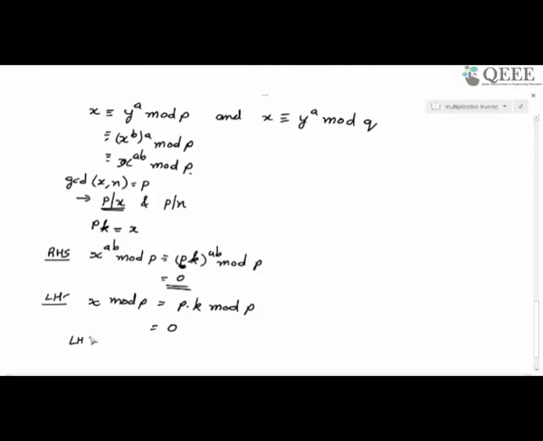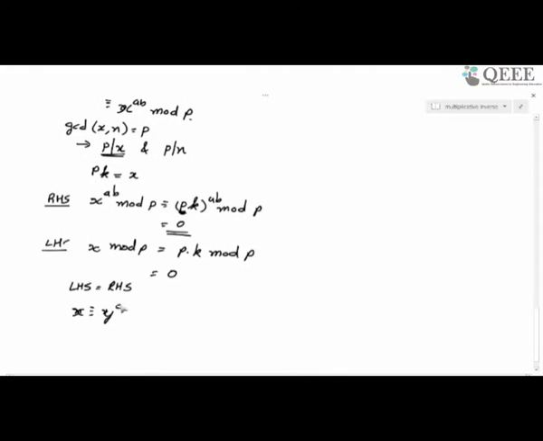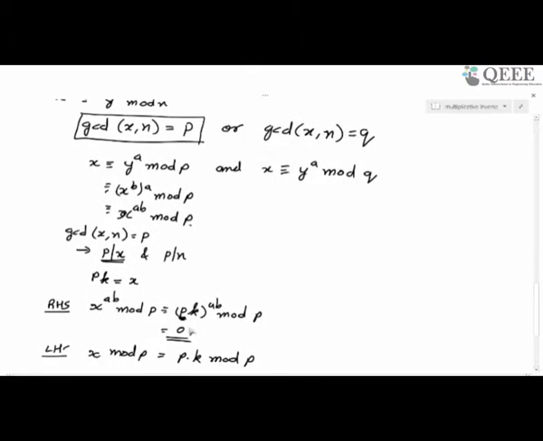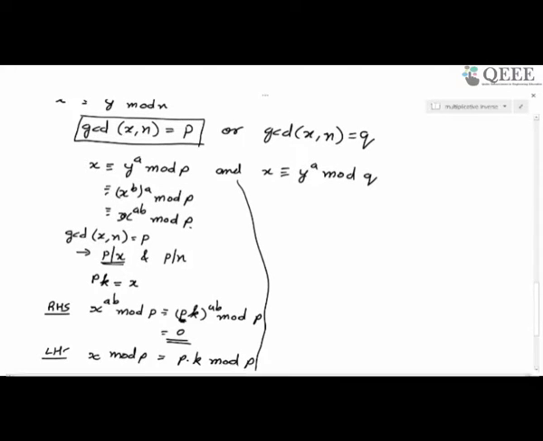So we have the LHS equal to RHS, and therefore indeed x is congruent to y to the power of a mod p when the GCD of x comma n is equal to p. Now let us look at the other equation. Okay, so we have proven this one. Now let us try to prove the next one. It states that x is congruent to y to the power of a mod q.